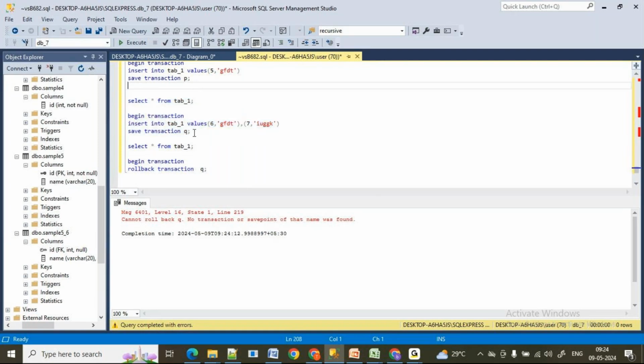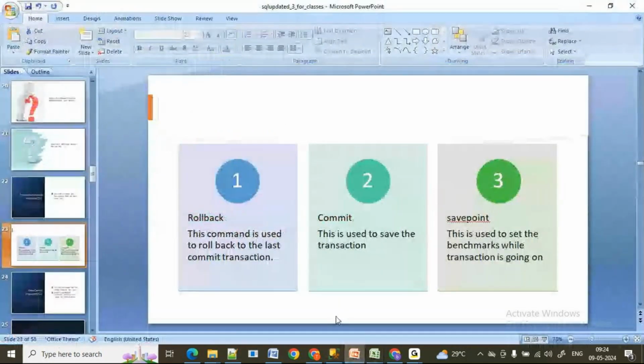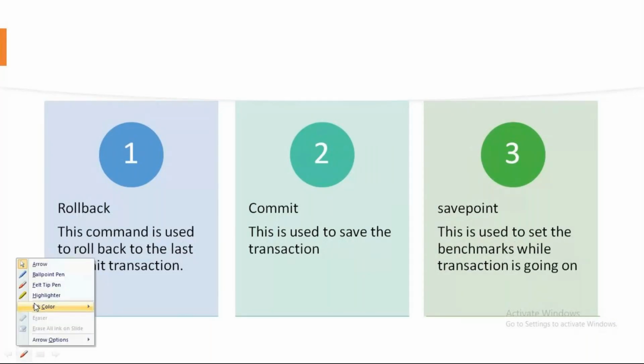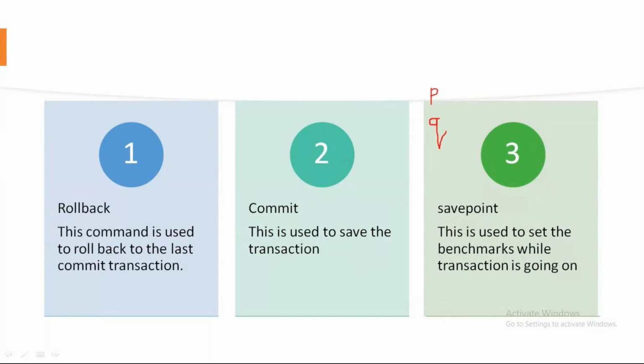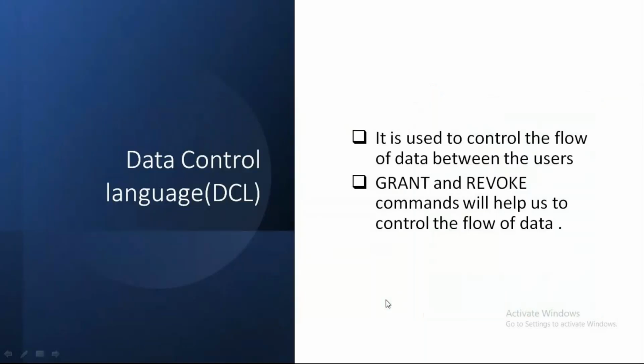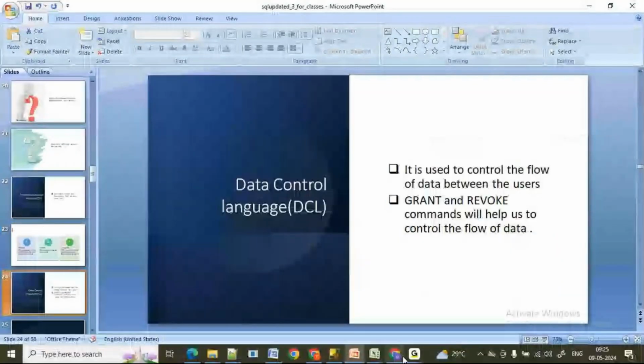At that time this P got deleted, that save point got deleted. That is what we have seen here, right? See, if P and Q were there, once I roll back to P, what happens? This Q got deleted. So that is the thing you need to understand here.